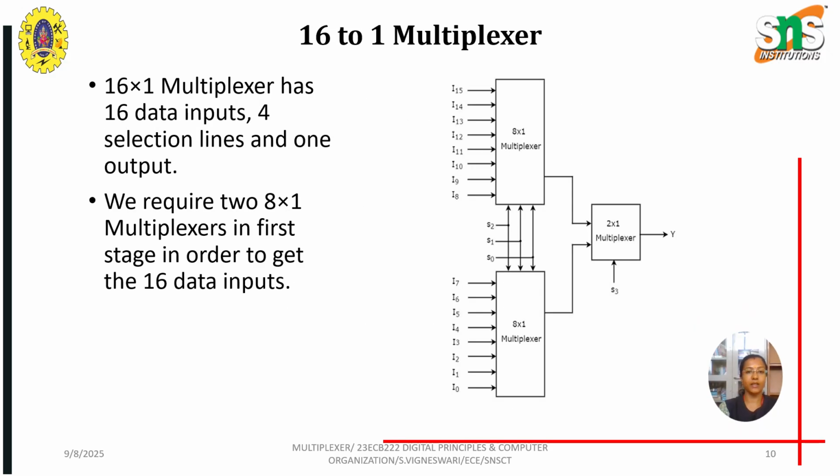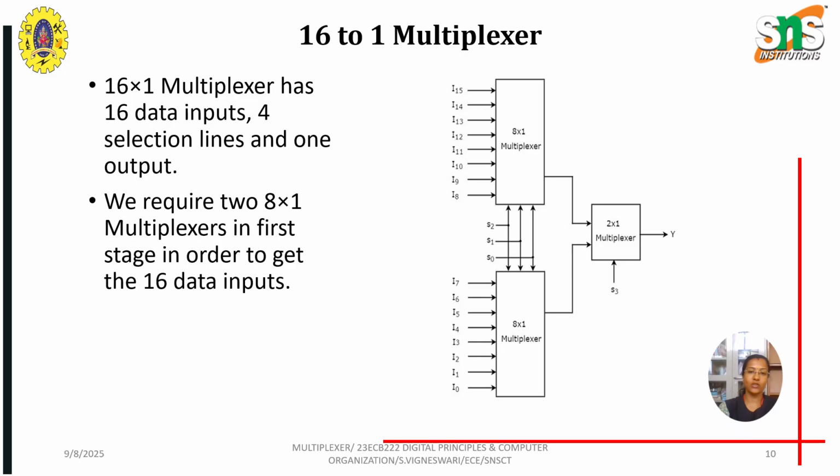The 16 is to 1 multiplexer has 16 data input lines and 4 selection lines, and it can also be implemented using two 8 is to 1 multiplexers in the first stage, and the outputs of those two 8 is to 1 multiplexers are connected as inputs to a 2 is to 1 multiplexer in the second stage.